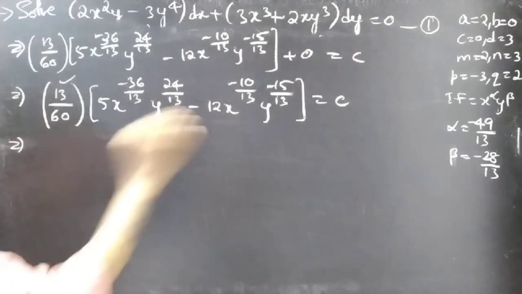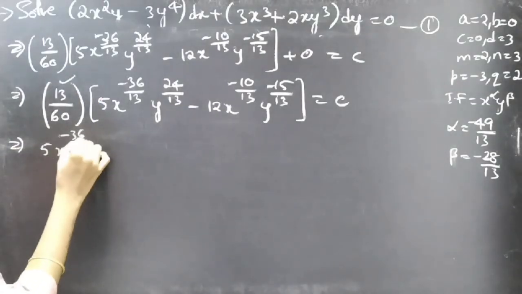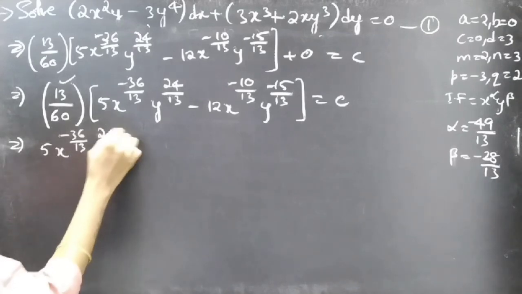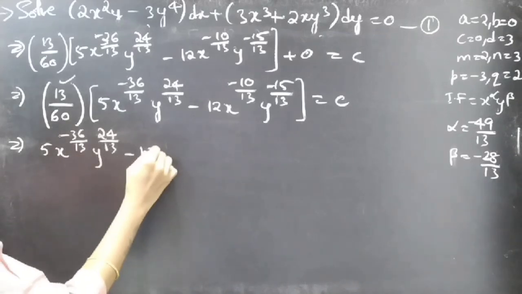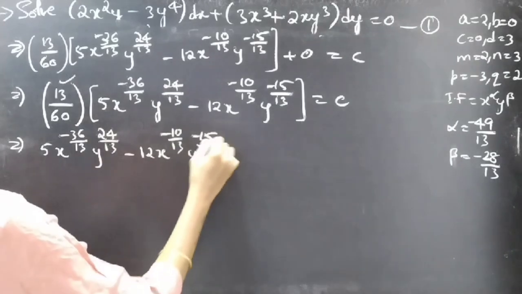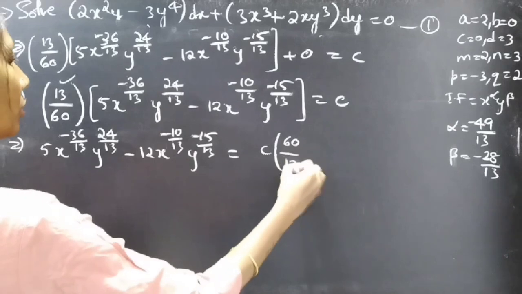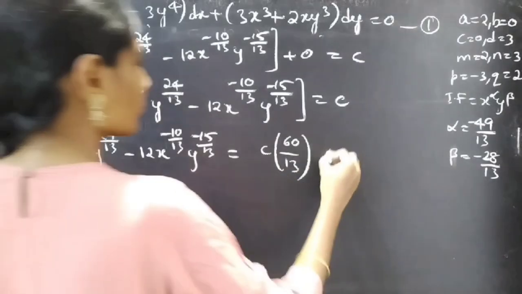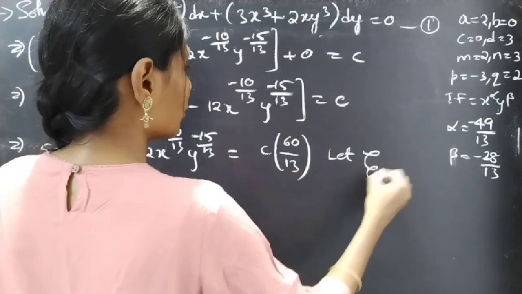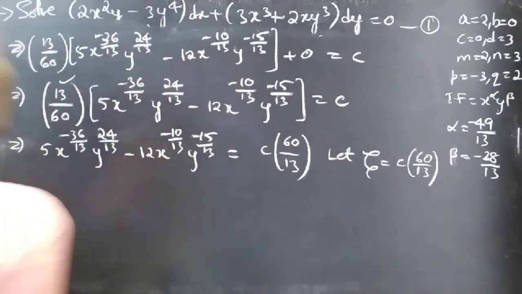Now we can take this constant to the RHS, then you'll get 5 x power minus 36 by 13 into y power 24 by 13 minus 12 x power minus 10 by 13 into y power minus 15 by 13 equal to c into 60 by 13. Let c equal c into 60 by 13.